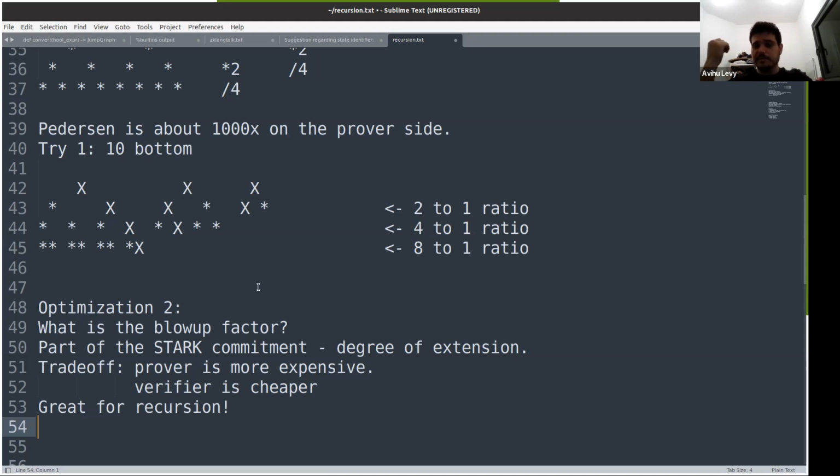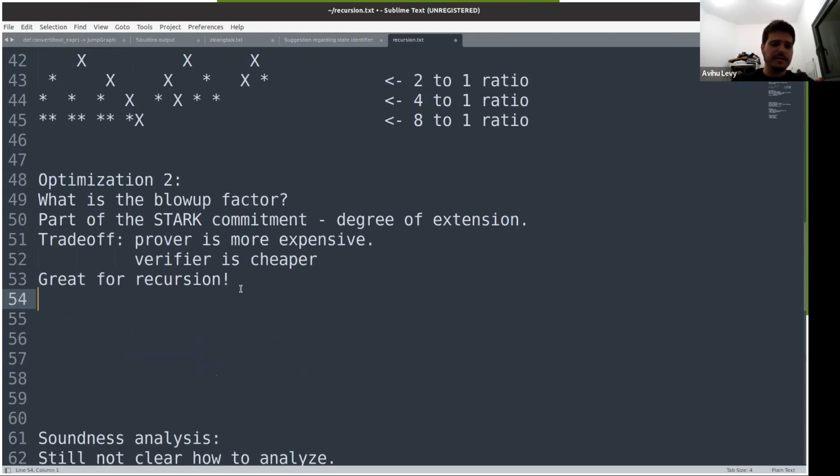That means that lowering the blow-up factor doesn't save time on these steps, like evaluating the composition polynomial on a lot of points, and also other stuff. So it's some fine-tuning of parameters. It depends on the job itself.